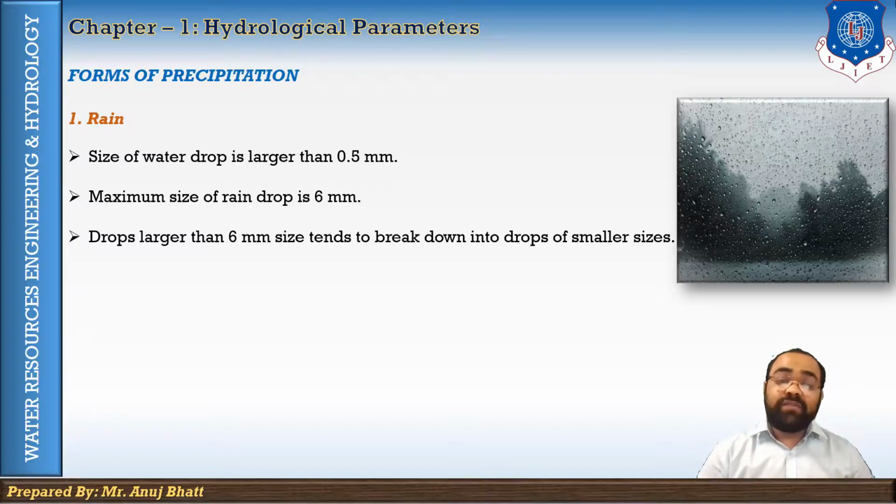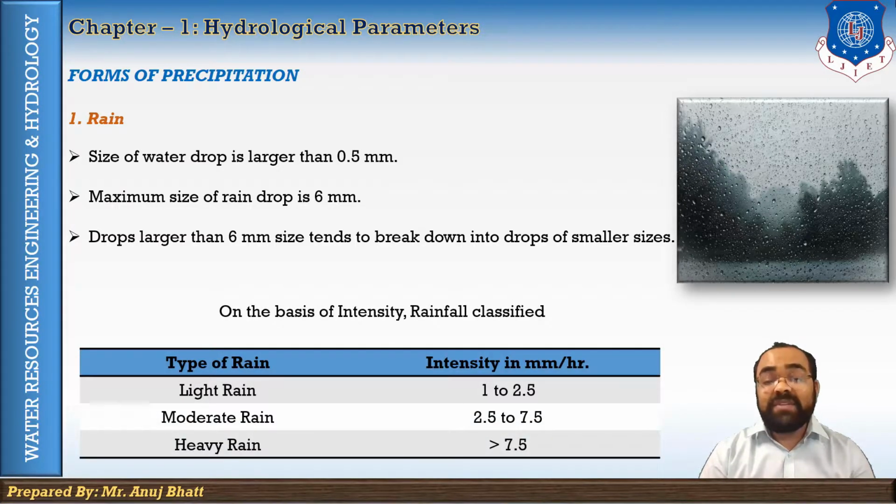On the basis of the intensity, rainfall may be classified as light, moderate, and heavy. So the types are light rain, moderate rain, and heavy rain. Light rain is when the intensity of the rainfall is 1 to 2.5 millimeter per hour.